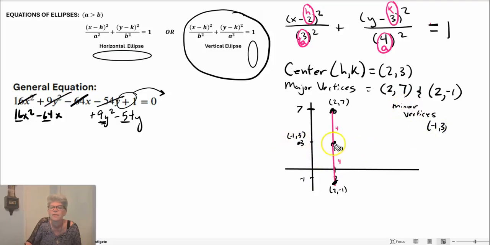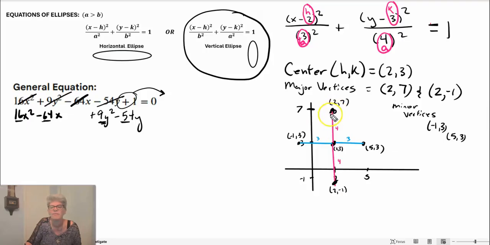Right. And 3 units to the right of 2 comma 3, so 2 plus 3 is going to be 5 comma 3. And so my minor axis would have length 6, because each of these segments would be 3 units long.